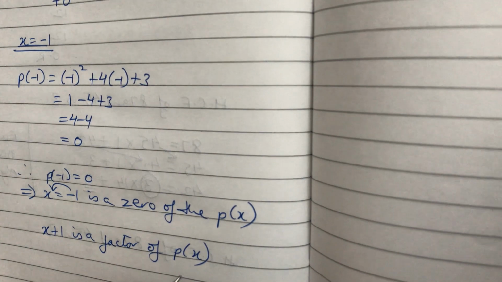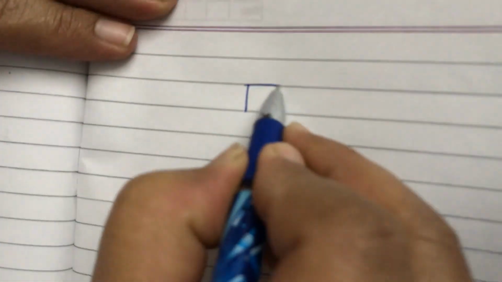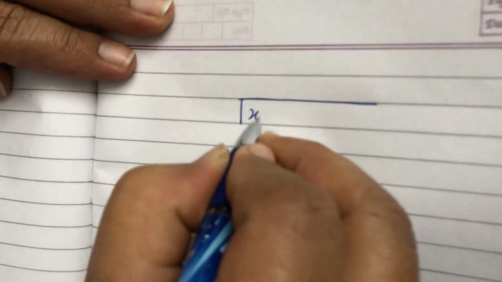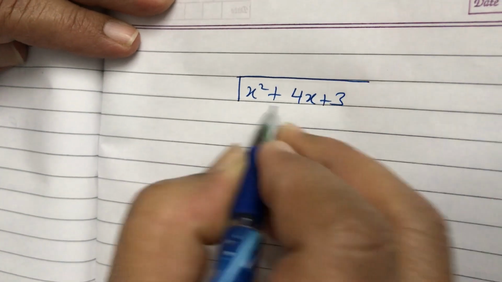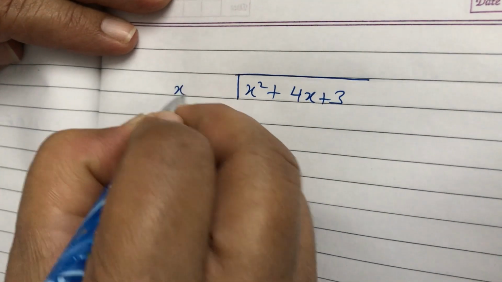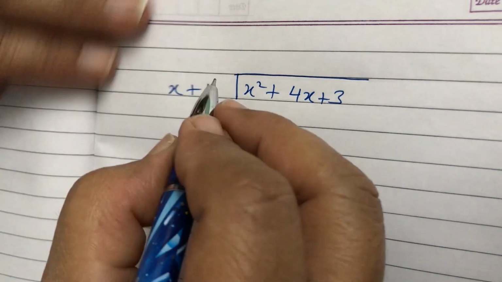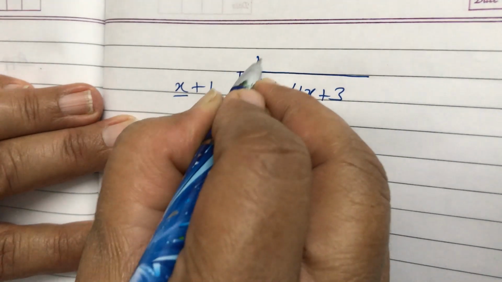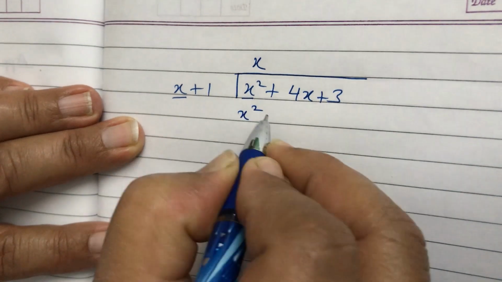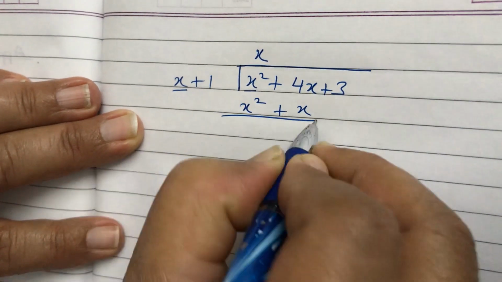Let us check this by the division method. So we divide x square plus 4x plus 3 by x plus 1. Now when I divide this, I try to obtain x square from an x. I multiply with an x. This is then x square plus x.